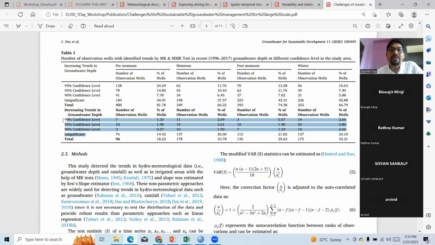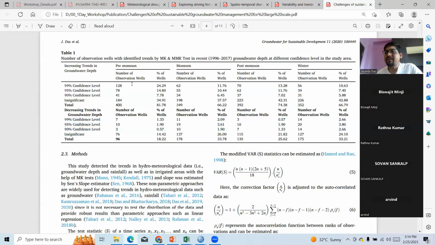We can now see the number of observed wells. We have considered 572. Out of 572, 128 show 99% increasing, 78 at 95%, and 41 at 90%. So we can say what percentage of wells experience an increasing trend of groundwater depth. We can easily interpret it.